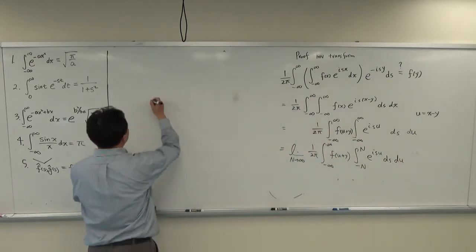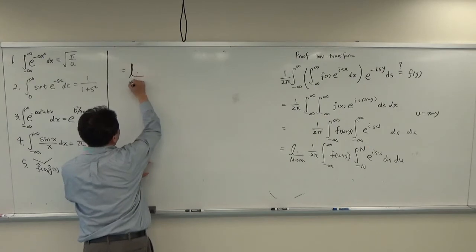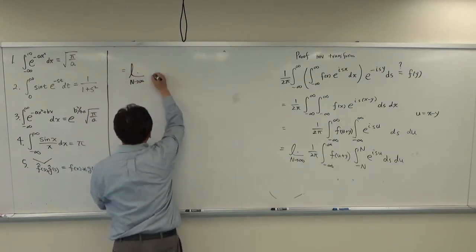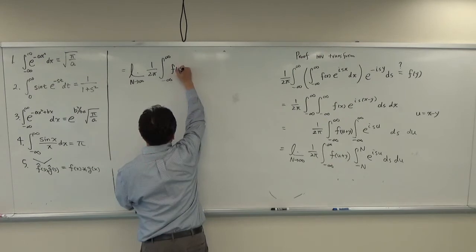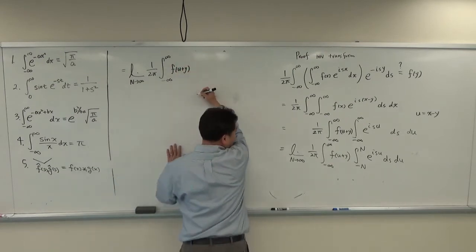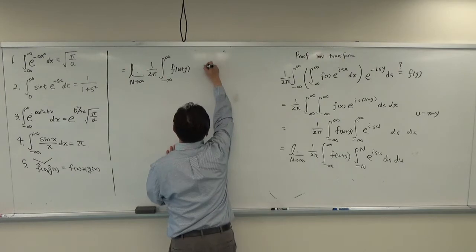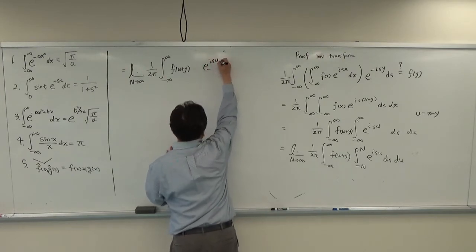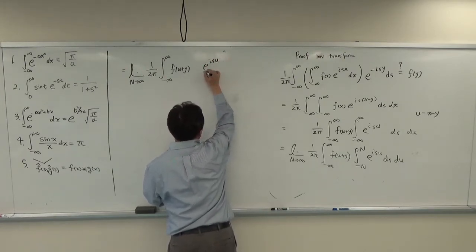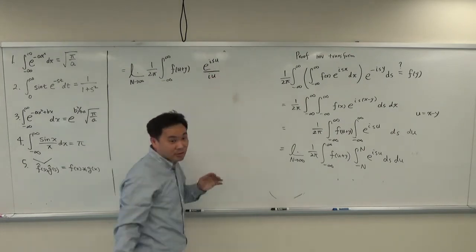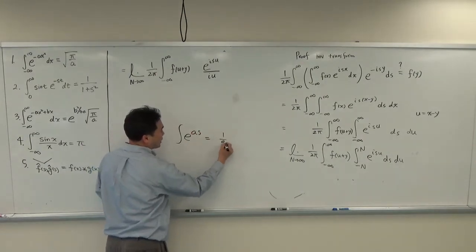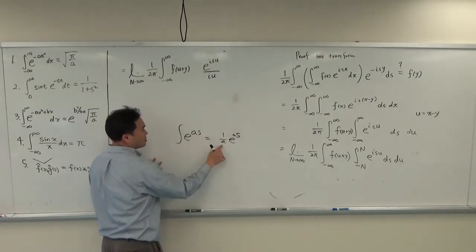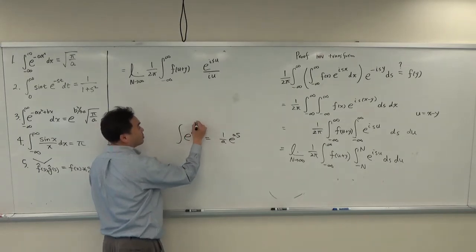So that's going to be the limit as n goes to infinity of 1 over 2 pi, integral from negative infinity to infinity of f of u plus y of e to the isu, and then the antiderivative would give you iu here, right? It's just like e to the as would be 1 over a e to the as, but instead of a I have iu.